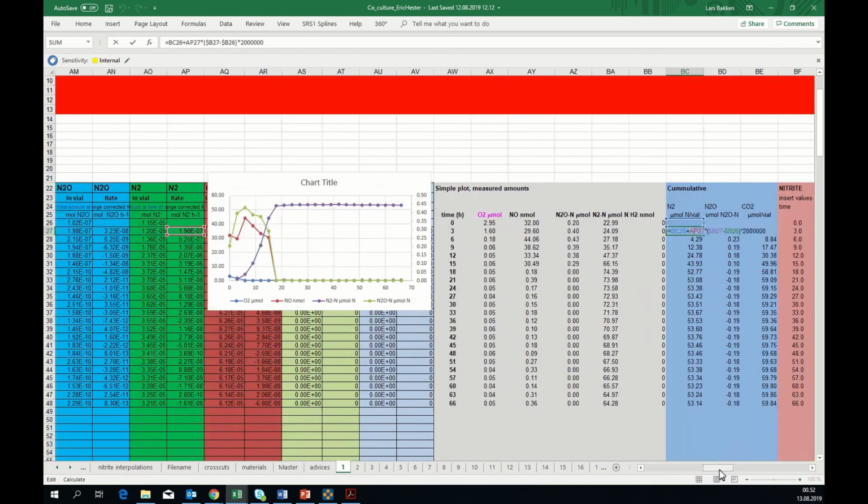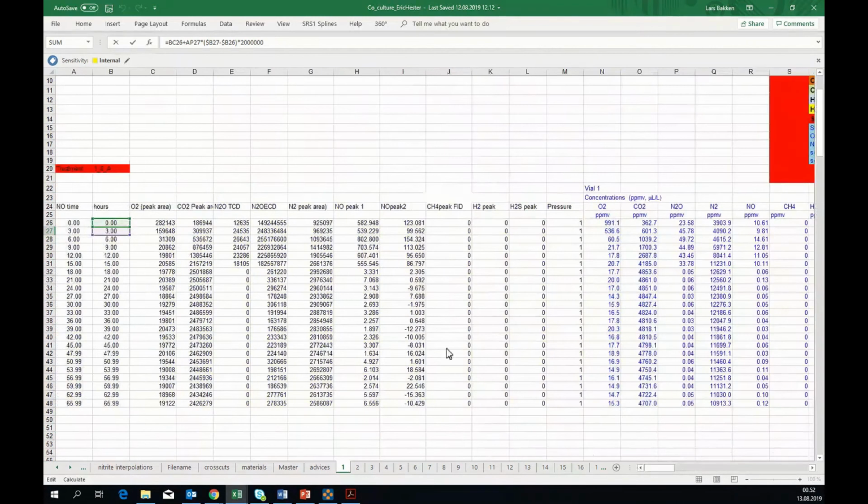And it adds that rate times the length of the time span between this measurement and the previous measurement. That's B27 minus B26. That's over here.